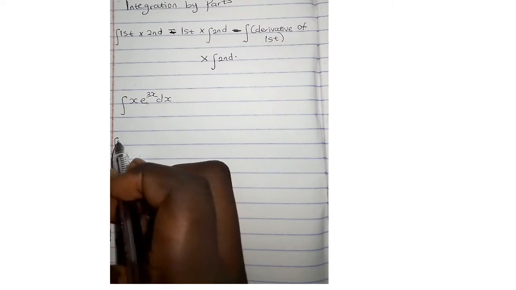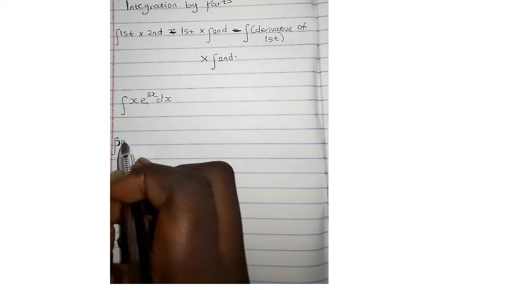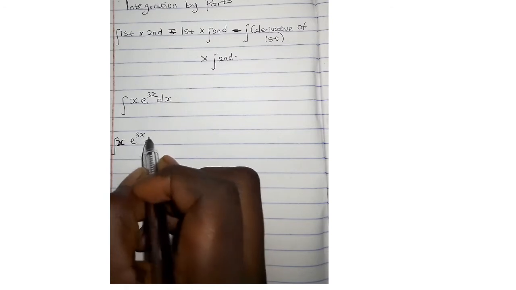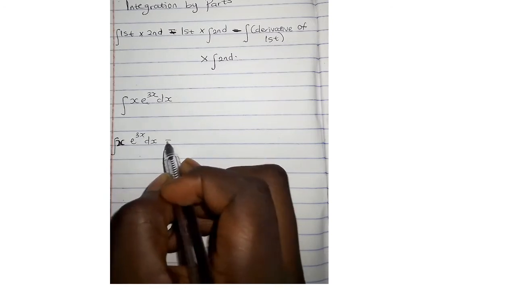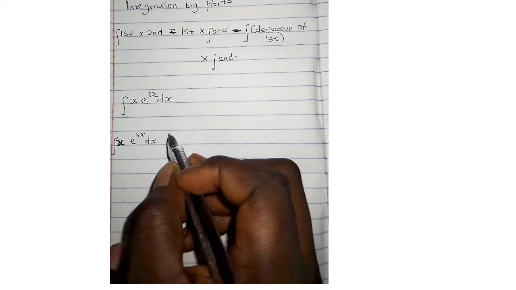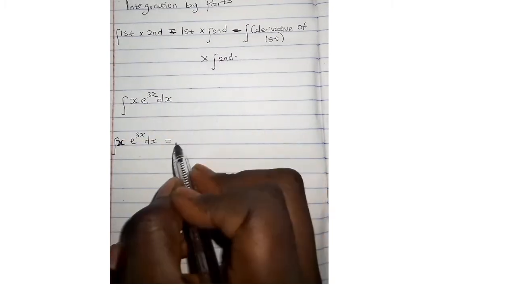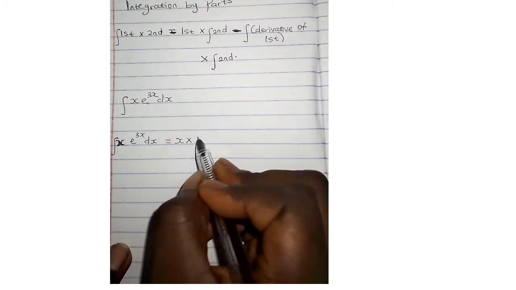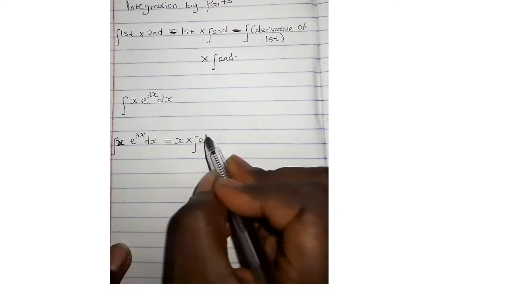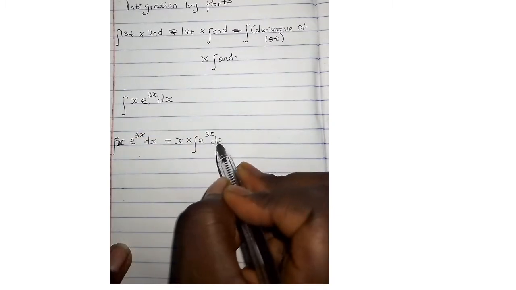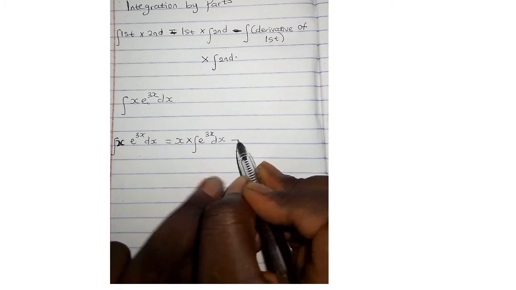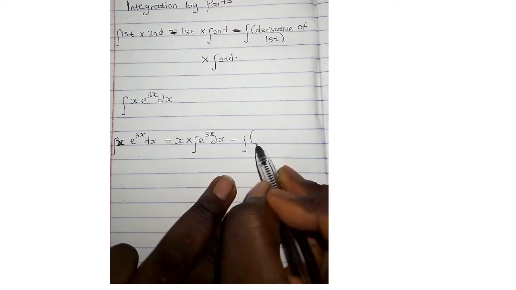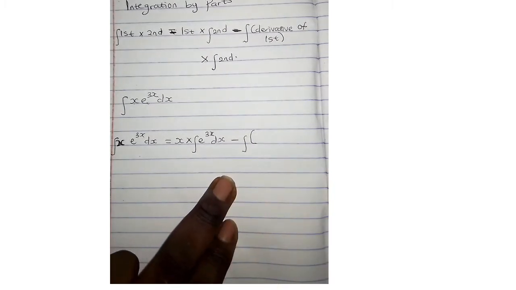Now we write the integral of the first times the second. So we have the integral of x times exponential 3x dx is equal to the first function, x, multiplied by the integral of the second, exponential 3x dx, subtracting the integral of, all in brackets, the derivative of the first.